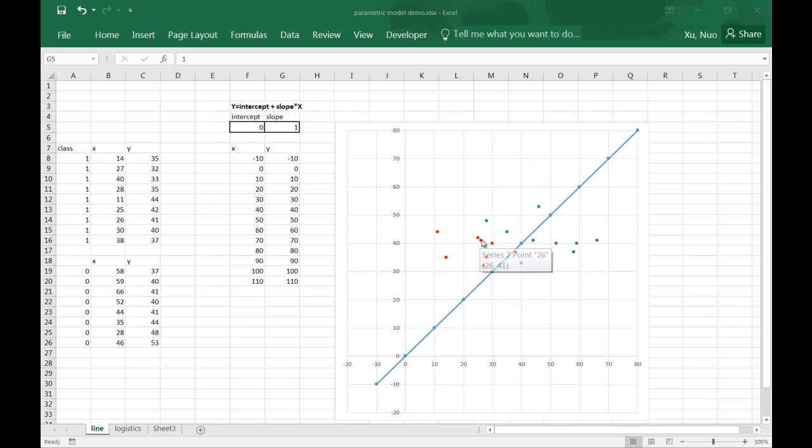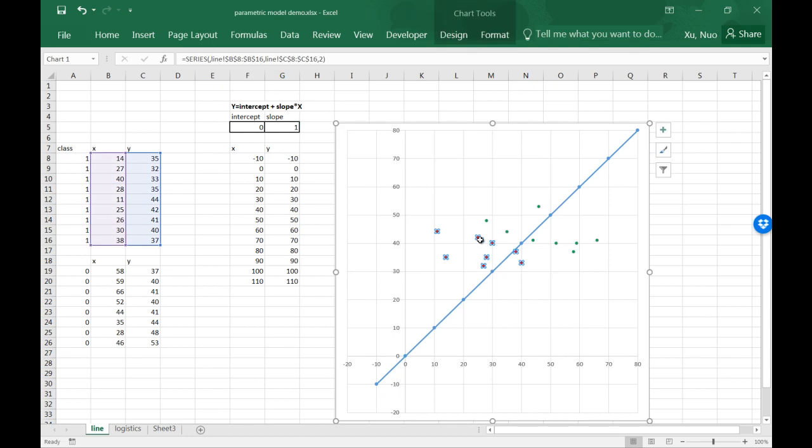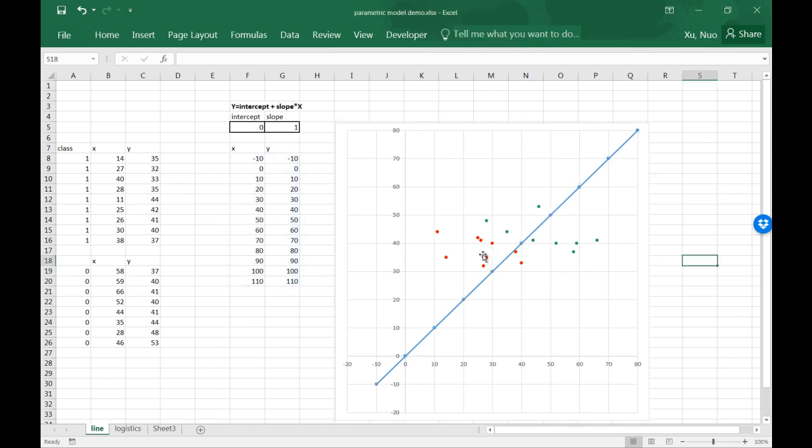Set 1 are the instances of the red class. Set 2 are the instances of the green class. And set 3 are points that form the line. Our goal is to move the line to separate the class red from the class green perfectly.